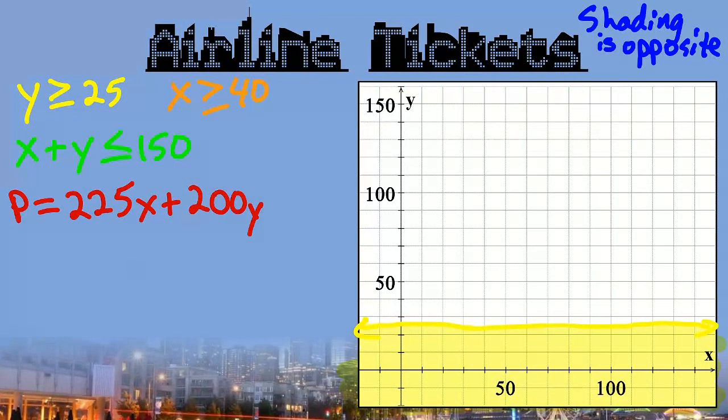So here, x is greater than or equal to 40. So we're going to find 40 here, and x is going to be less than or equal to 40 when we do the shading.